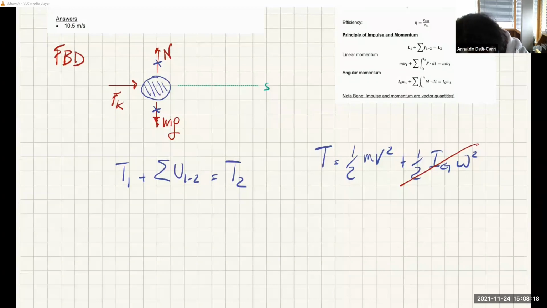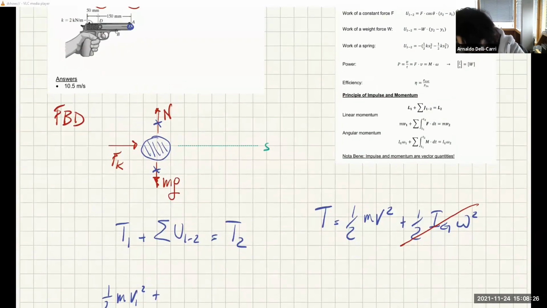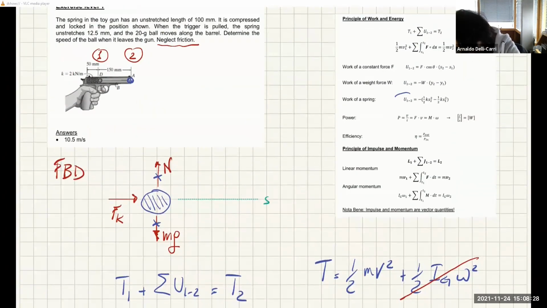So we have that half the mass of the ball times the velocity of the ball at instant 1 squared, plus, and we are looking at this now, the work of a spring.